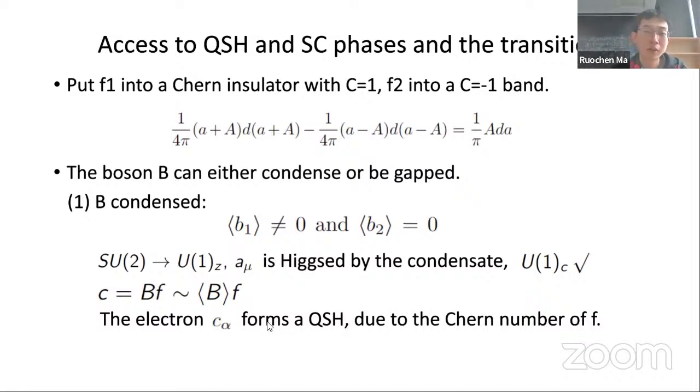You can see easily from here that the physical fermion is roughly identified with the F parton, and F1, which now carries spin up, has Chern number +1, and the spin down electron, which is roughly now F2, is in a Chern band with Chern number -1. So this state is simply the quantum spin Hall insulator.